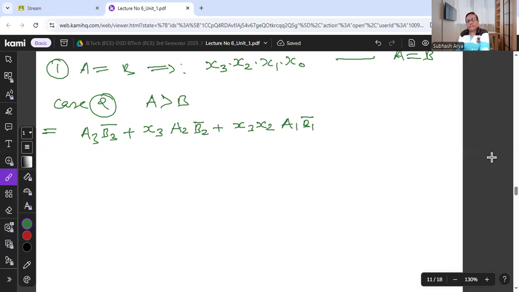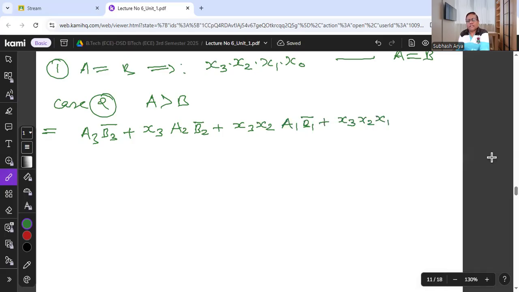Even in this case, if your bits are equal, then we compare the last bit, provided that you capture the information of the previous 3 bits equal condition, like X3, X2, X1.